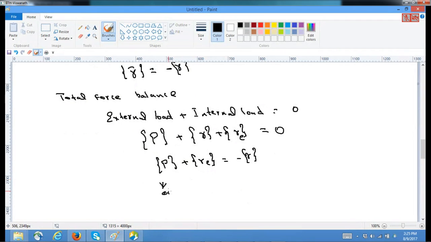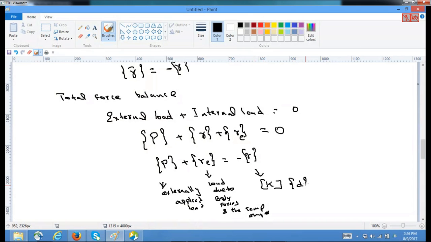This is your externally applied load, this is the load due to body force, and this is your resistance. And this is equal to K times D, because the minus is given as above.